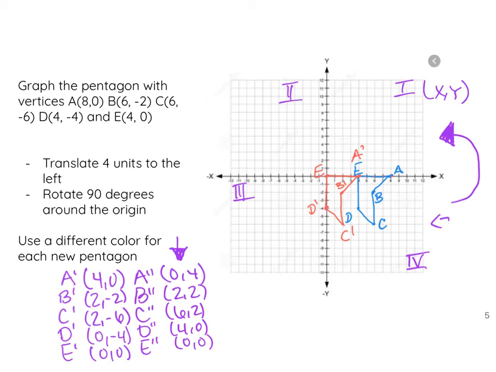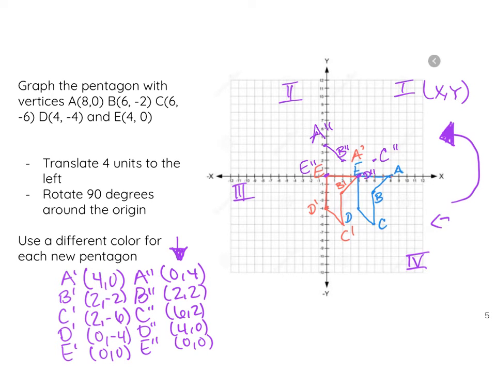So let's go ahead and graph that now. A is now at 0, 4, A double prime. B is at 2, 2. C is at 6, 2. D is at 4, 0. And then E is still at the origin. So I will do my best to connect these points.